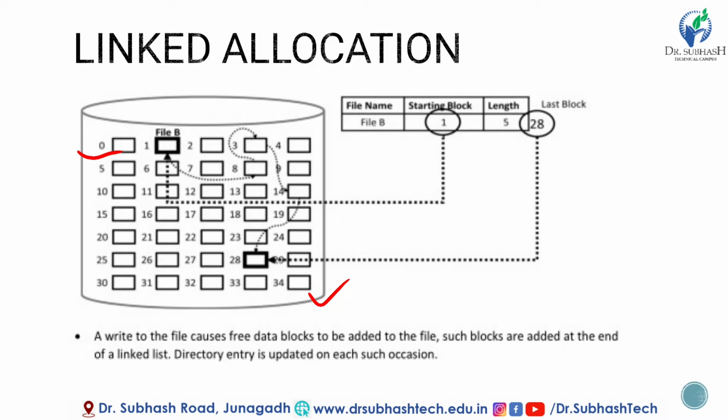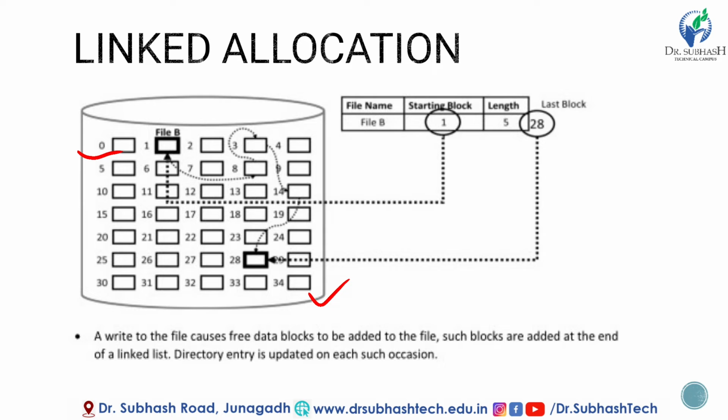What will happen is that blocks are randomly allocated. There is a file block number 1, then it points to the next block, giving the address of the next block, which is 8.